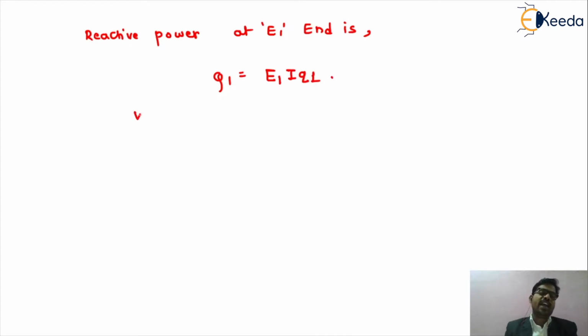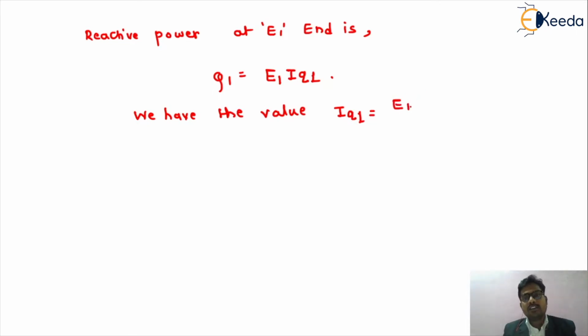So friends, the value of IQ1 we have already derived earlier. So what should be the value of IQ1? The IQ1 value is E1 minus E2 into cos del divided by X. So now we can substitute this value into this equation.